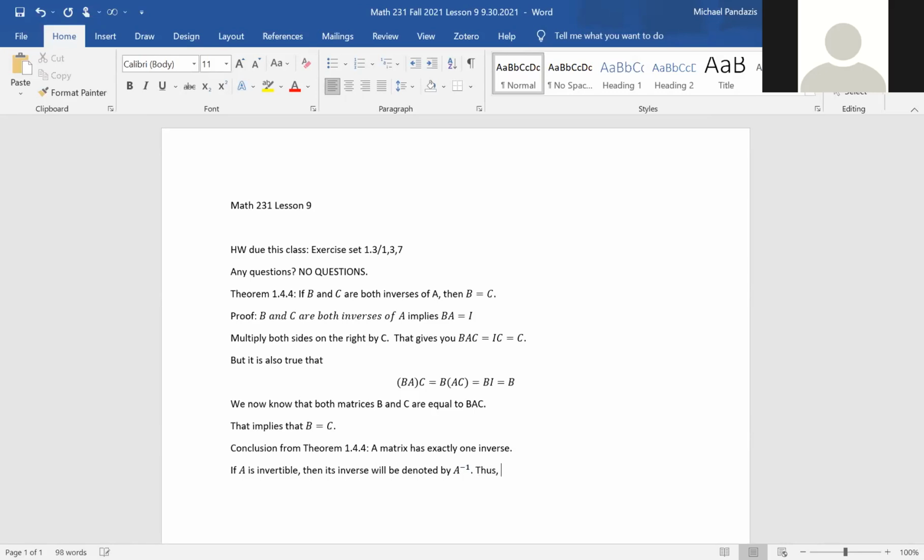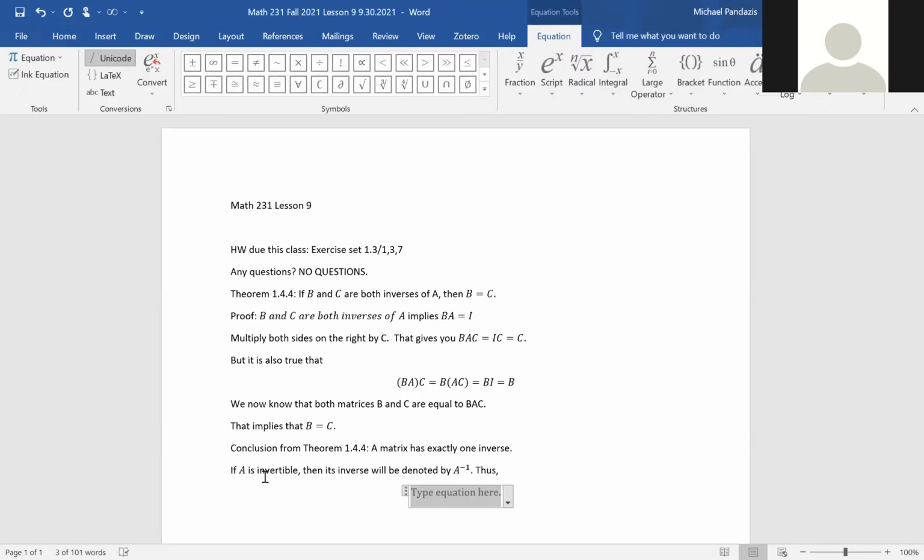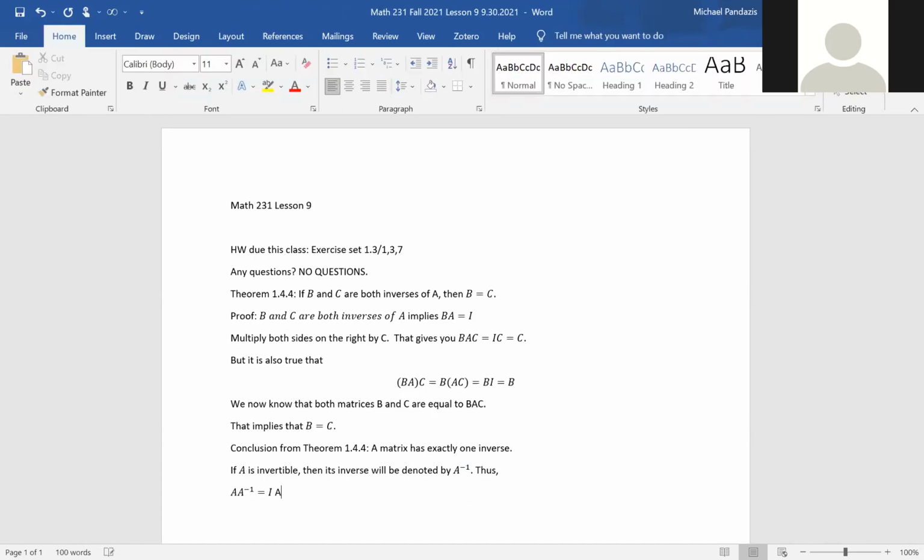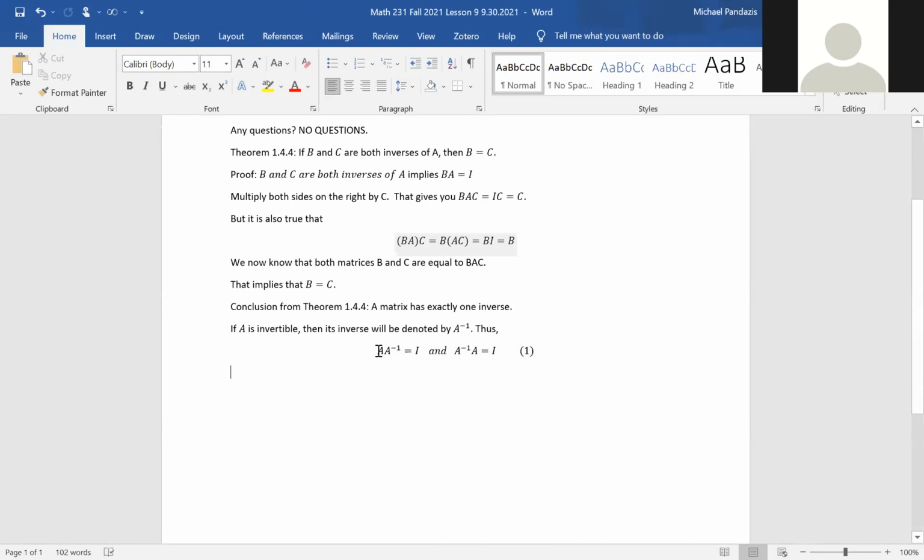Thus we have that A A inverse is equal to I, and A inverse A is also equal to I. I'm just denoting the identity by 1, not multiplying by 1. So A A inverse equals the identity matrix, and A inverse A also equals the identity matrix.